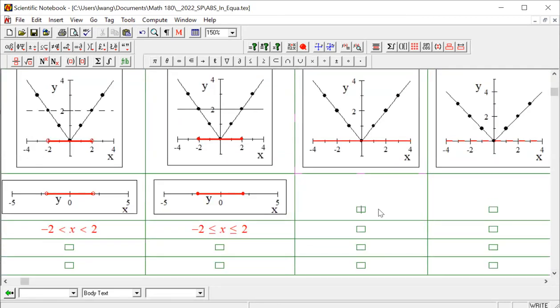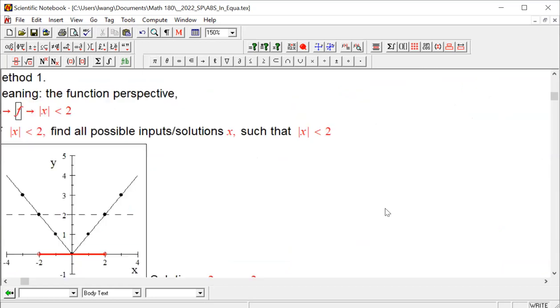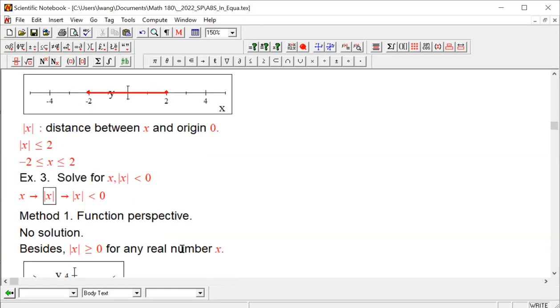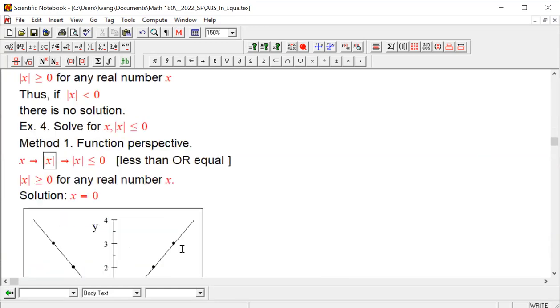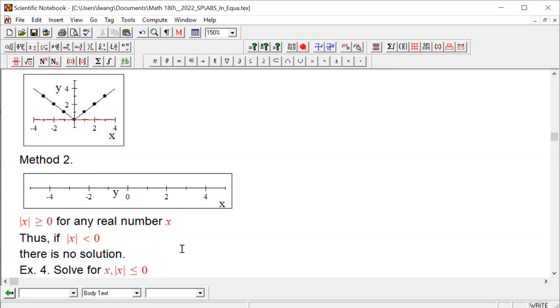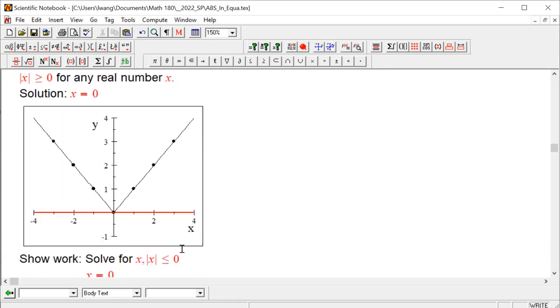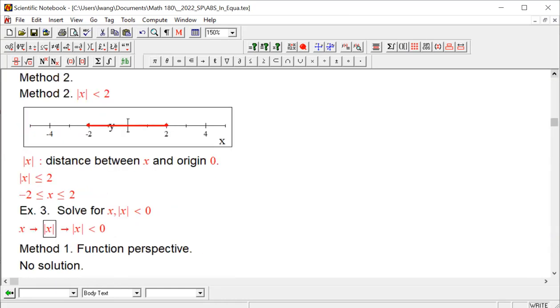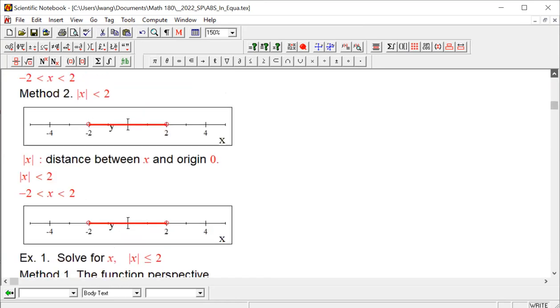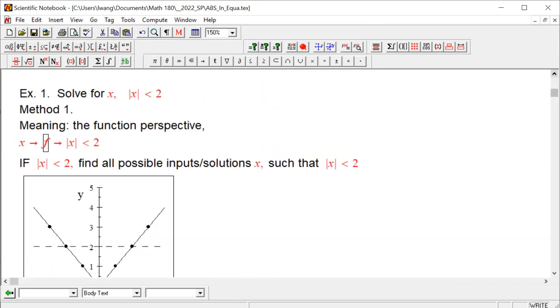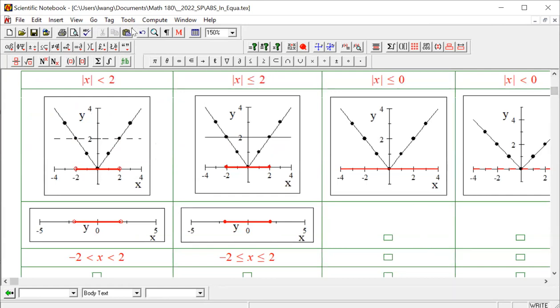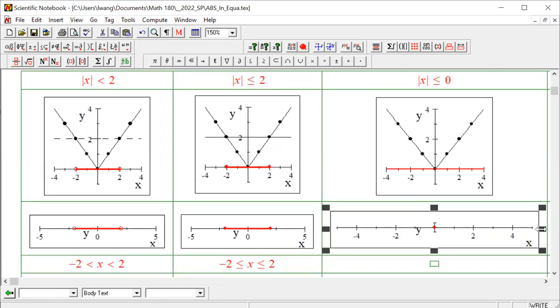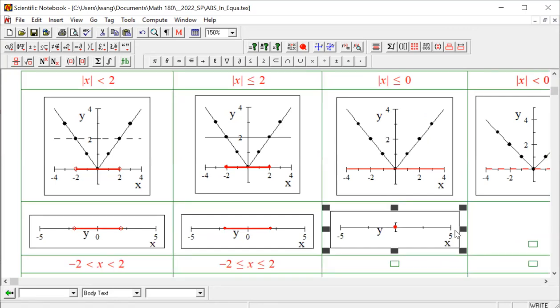And for the number line, less than or equal to 0, we had a picture right here. We have a picture, we have a solution. So this is the less than or equal to 0 case.